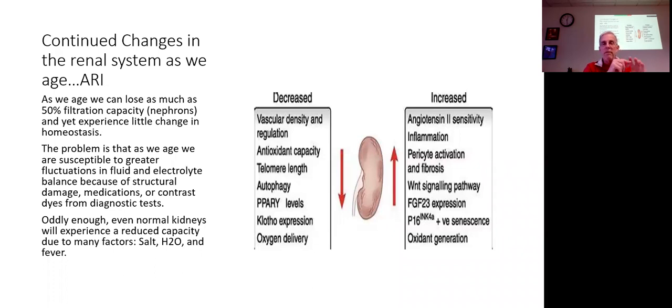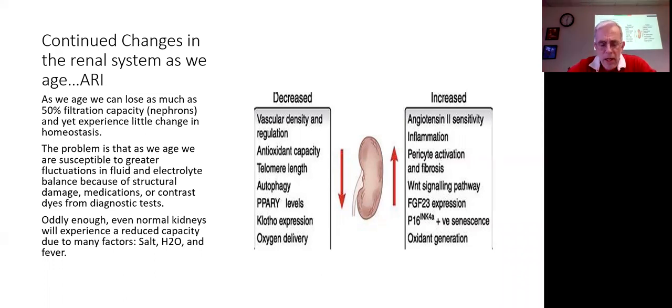So even if you lose half of that filtration capacity, it might not change how you feel within different organ systems. Because when you think about it, the kidneys have an impact on everything within the body, everything.